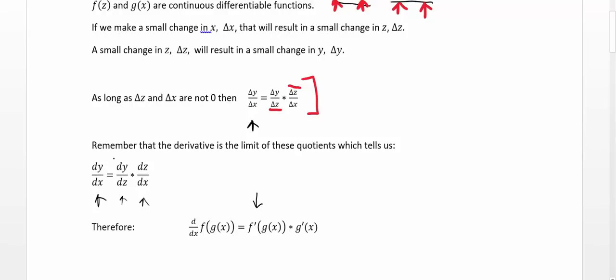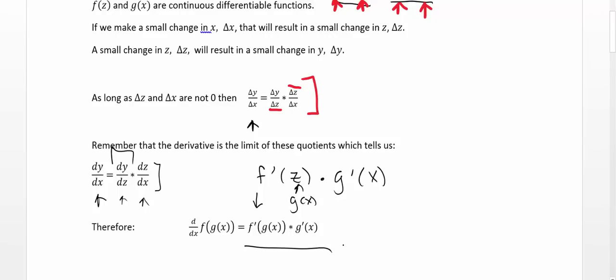So dy dz, the derivative of y with respect to z, is f prime of z. dz dx is the derivative of z with respect to x. Remember, z was our g function, so that's g prime of x. But remember that z is g of x. So therefore, we get this formula, f prime of g of x times g prime of x.